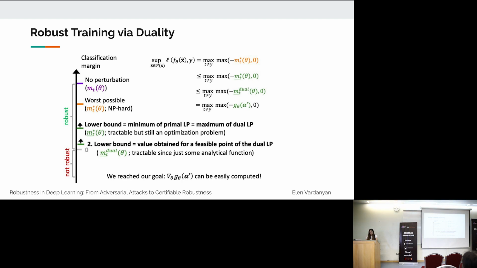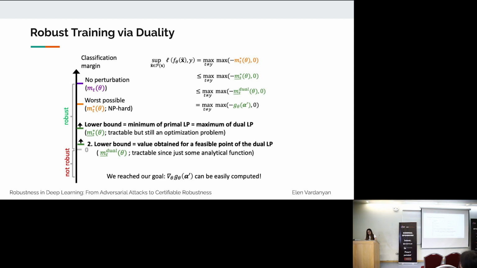Even though the one we got from the convex relaxation is tractable, it's still an optimization problem. What this duality gives us is another lower bound on this previous margin that we got from the convex relaxation.